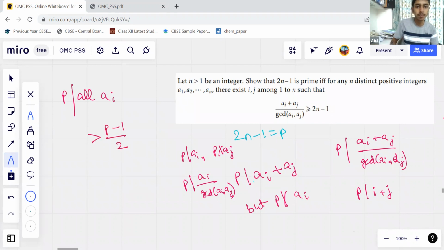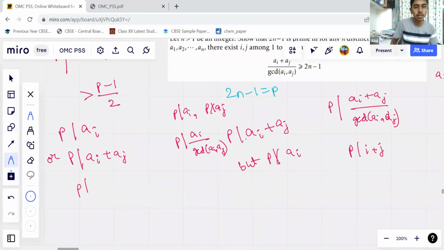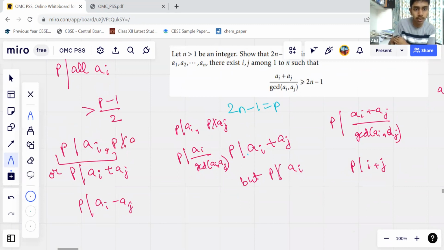And because there are more than (p minus 1) by 2 numbers, we know that there will either be some I such that p divides AI, or there will be something such that p divides AI plus AJ, or there will be something such that p divides AI minus AJ. So in the first case, we note that P divides then AI by GCD of AI and AJ, if we can pick a J such that P does not divide AJ.